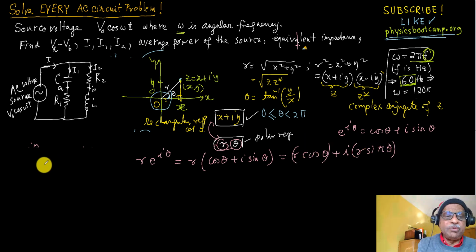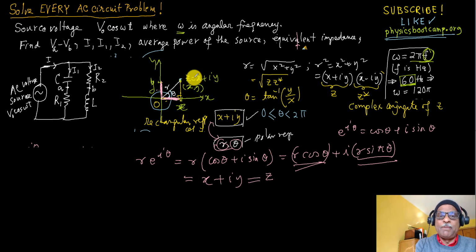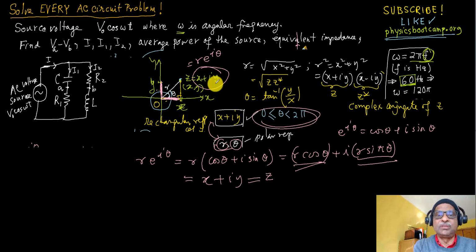If you look at this triangle, r cosine theta is x, and r sine theta is y. So this is x plus iy, which is the same as z. So this representation of z is the same as r e to the power i theta.